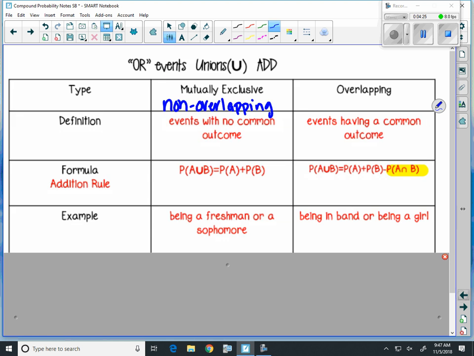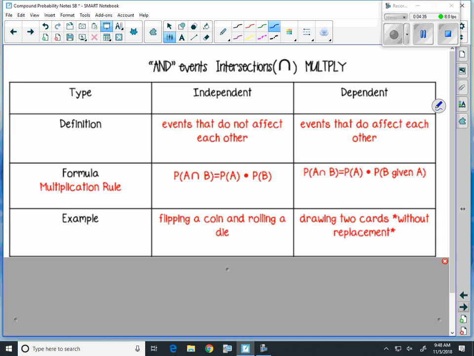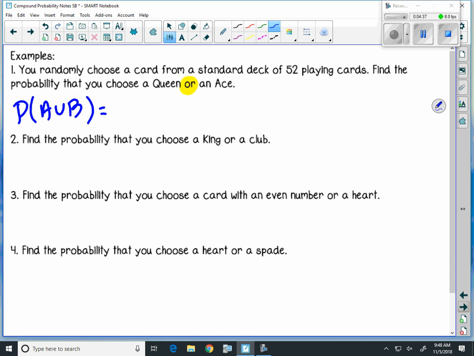So I'm going to go back to my chart here. If I am non-overlapping, then I'm going to add the probability of the first thing plus the probability of the second thing. What's the probability of getting a queen in a standard 52 deck? How many queens are there? 4 queens, so it would be 4 out of 52. Plus, what is the probability of getting an ace? 4 out of 52.